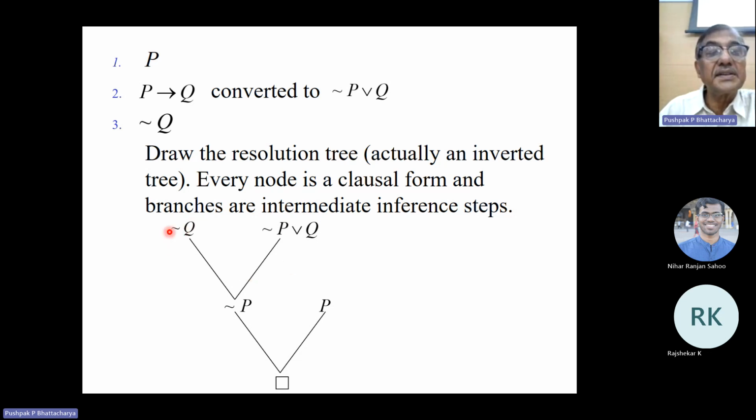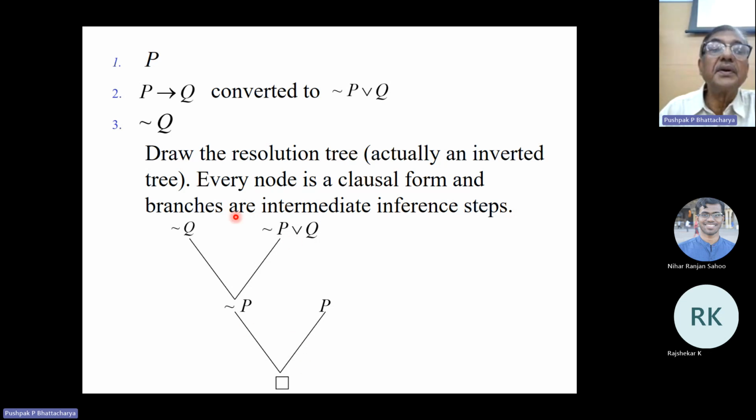Q was the goal, so not Q is the negated goal, which is already asserted. You want to show a contradiction. So not Q is taken, and then not P or Q is P implies Q. Then from not Q and not P or Q, you obtain not P. And P is asserted, so not P and P give rise to the null clause. So this is the resolution tree corresponding to modus ponens.